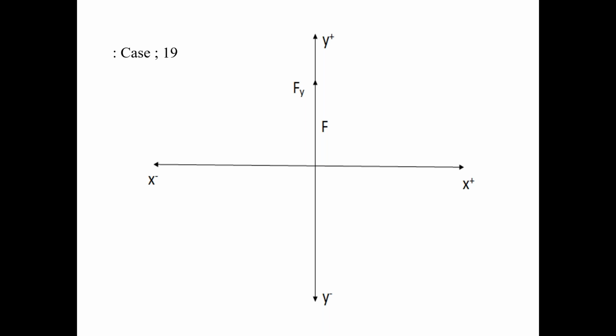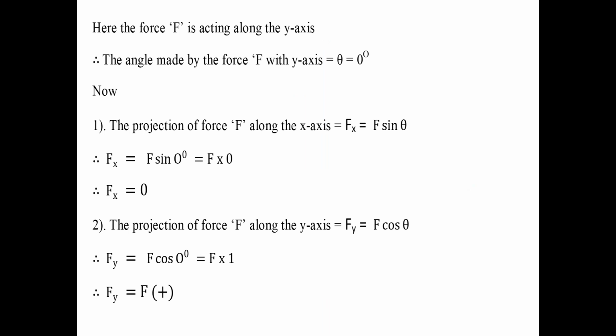We know that from condition 9 to condition 16 we discussed the force F making the angle theta with y-axis: x-axis projection Fx is equal to F sin theta, y-axis projection Fy is equal to F cos theta. So please follow the steps for this 19th condition.